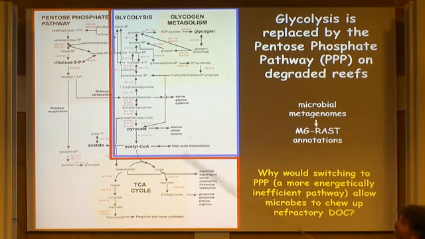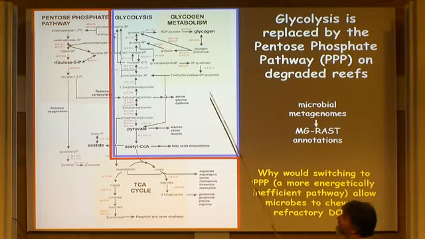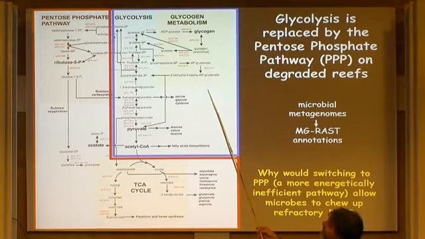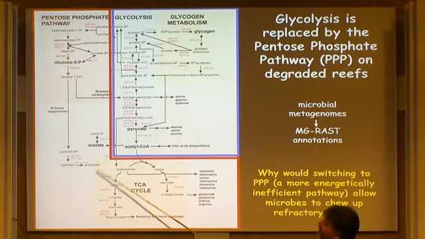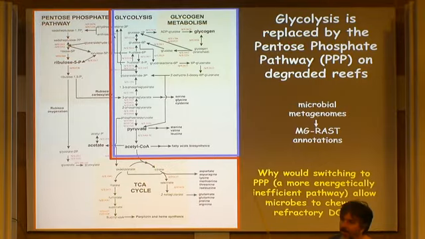For those of you that don't care about any of this, this is your efficient pathway, and this is your inefficient pathway. For the amount of fixed carbon you put into the system, you get less ATP out of it.